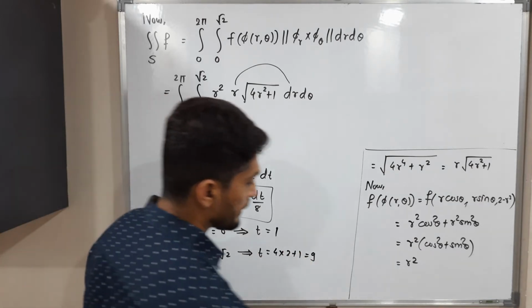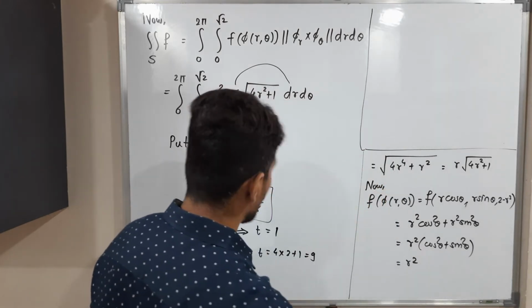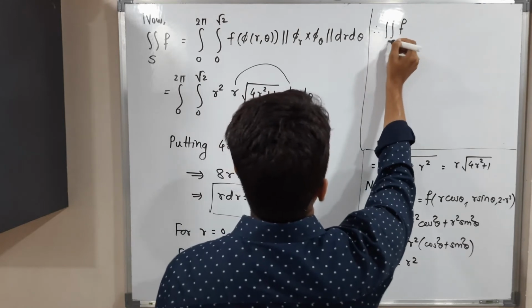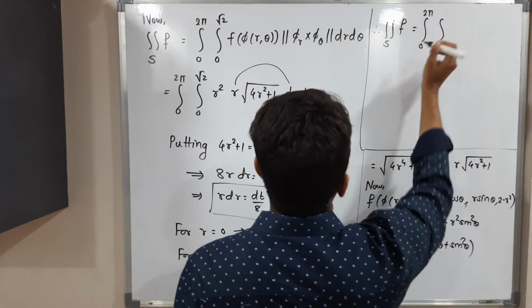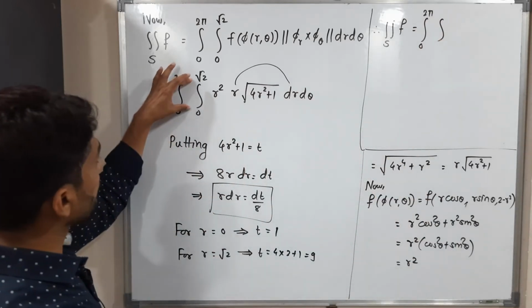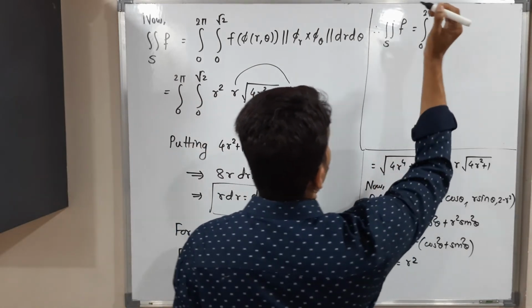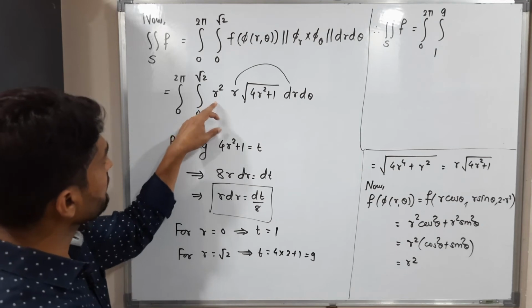Okay, I am going to write here. So therefore, double integration of f over s is equal to integral from 0 to 2 pi. These new limits we have to write for this inner integral. t varies from 1 to 9, and then r square. We need to find the value of r square.